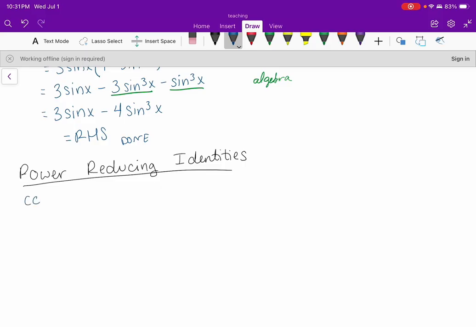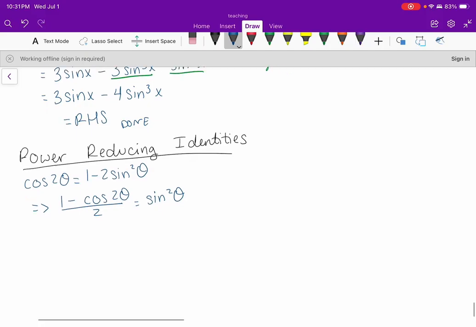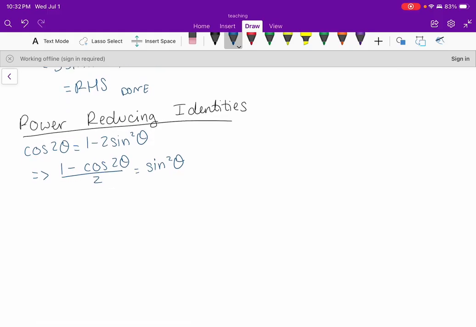These come from the double angle identity, so I'm going to show you just one of them. So if I start off with cosine 2 theta is equal to 1 minus 2 sine squared theta. If I solve this for sine squared theta, I get 1 minus cosine 2 theta divided by 2 equal to sine squared theta. So these power reducing actually come from the double angle, but I'll just write all of them out for you.